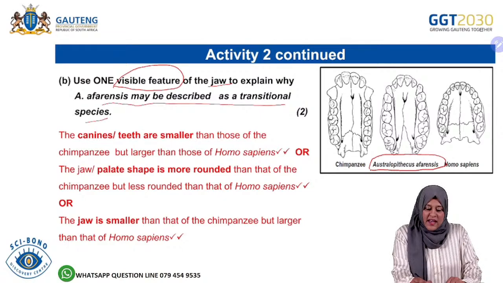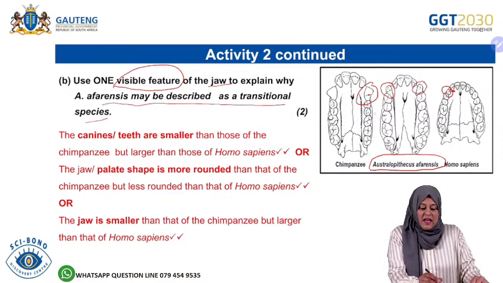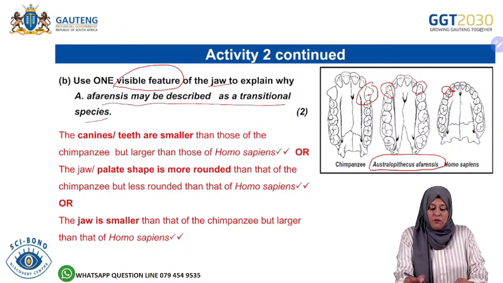If you look at the canines, they are smaller than those of the chimpanzee. Look at the chimpanzee and look at the Australopithecus afarensis. These ones are bigger than those. So the canines or the teeth are smaller than those of the chimpanzee, but larger than those of the Homo sapiens.